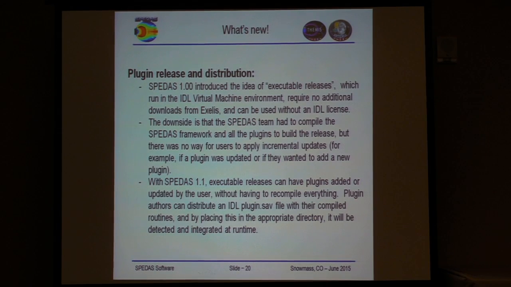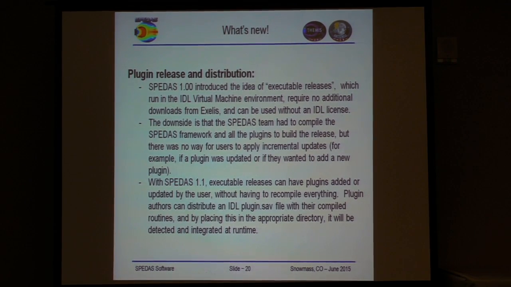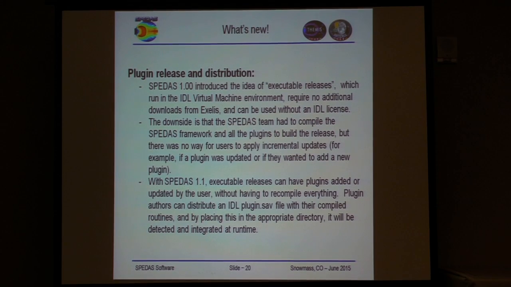So for SPEDAS 1.1, what we did is we took the core, we took all the plugins that were current as of that time, and then we compiled all of those into a set of IDL .save files, and then there's a way to turn that into a platform-specific executable file.